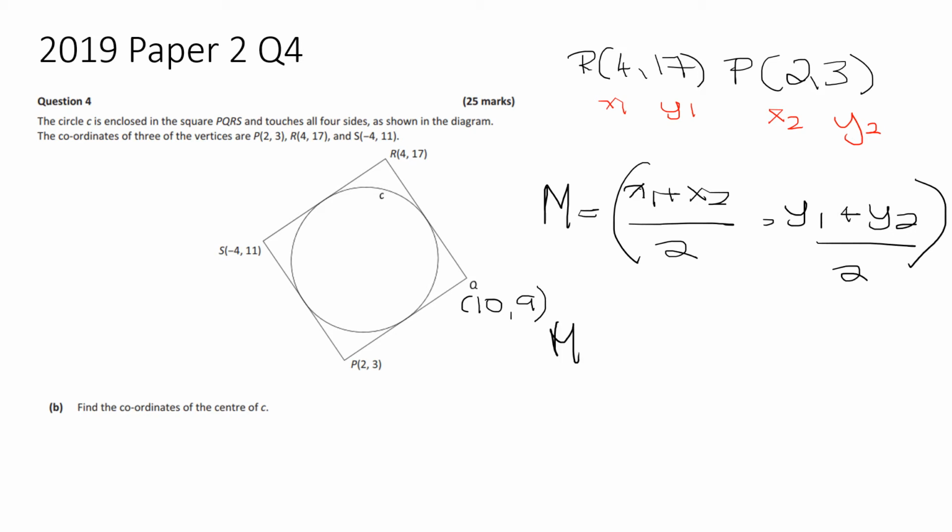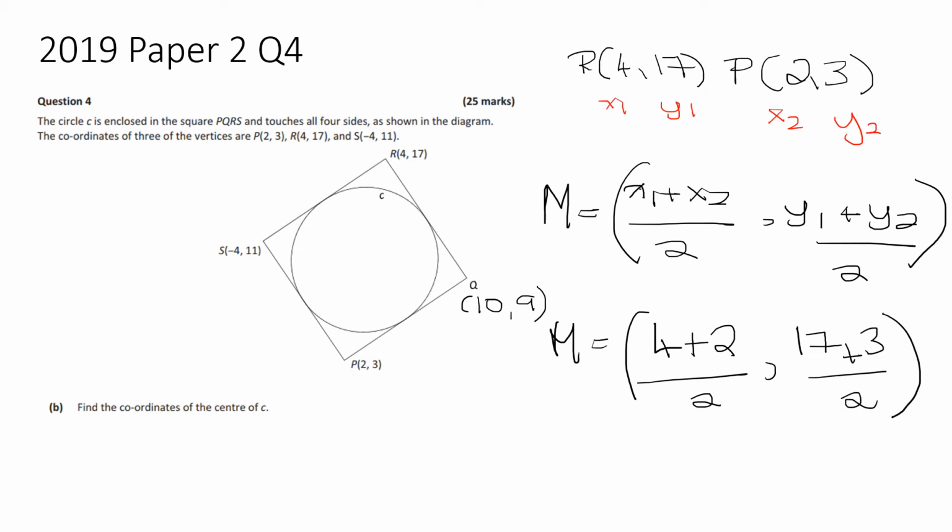And as a result, to find your center, we're going to do 4 add 2 divided by 2, and then we're going to do 17 plus 3, and divide that by 2. So for your midpoint, 4 add 2 is 6, divided by 2 is 3, and 17 add 3 is 20, divided by 2 is 10.